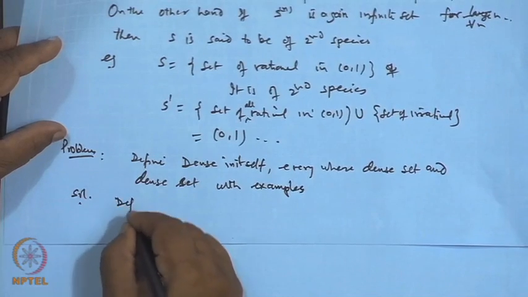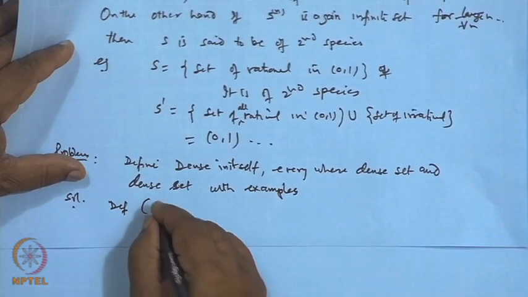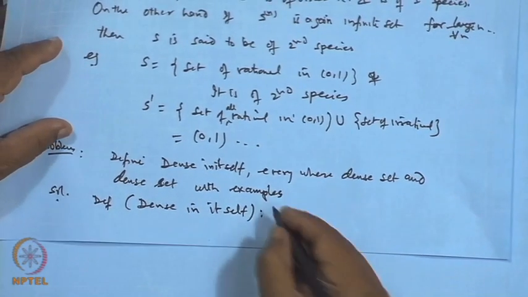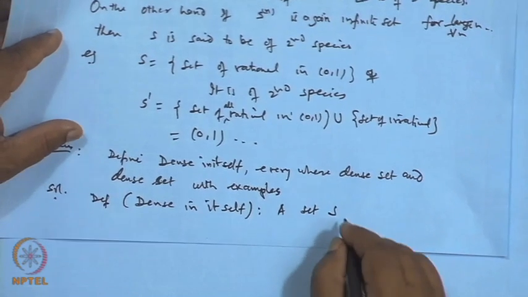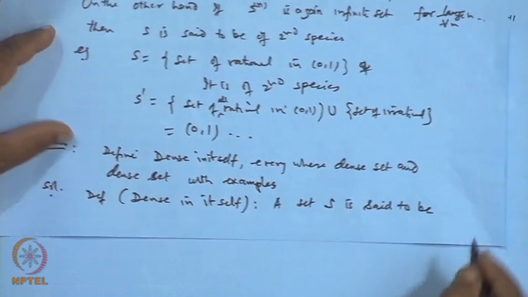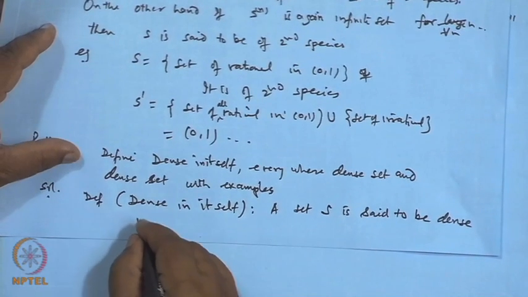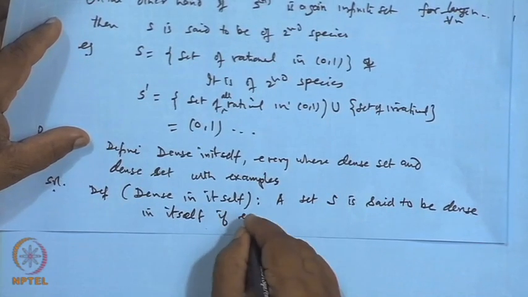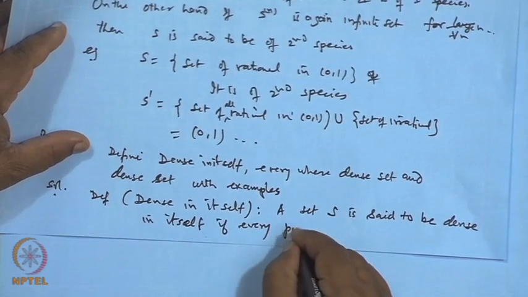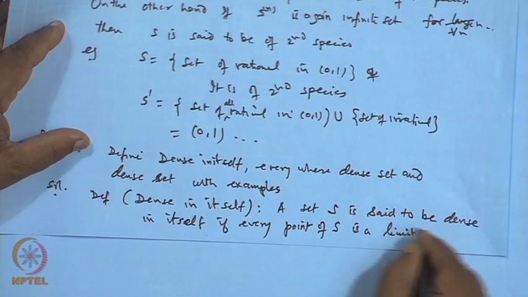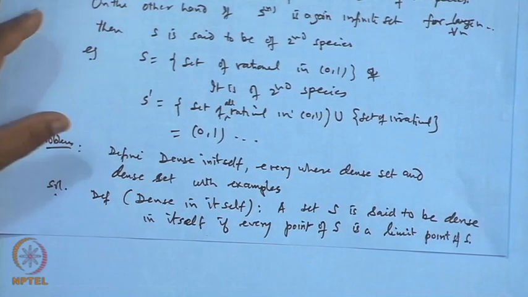We define dense in itself. A set S is said to be dense in itself if every point of S is a limit point of S. If every point of S is a limit point of S, then we say the set is dense in itself.